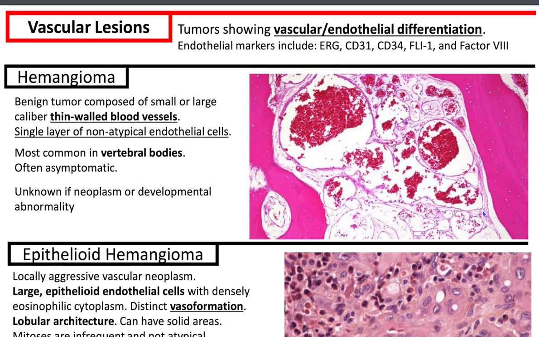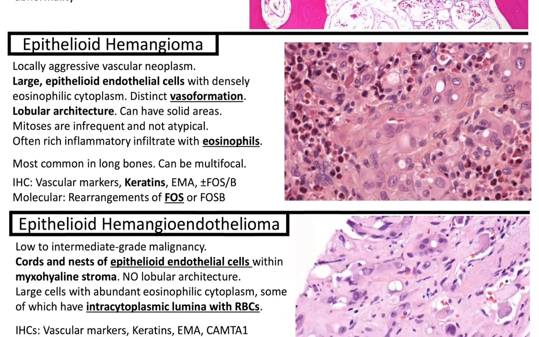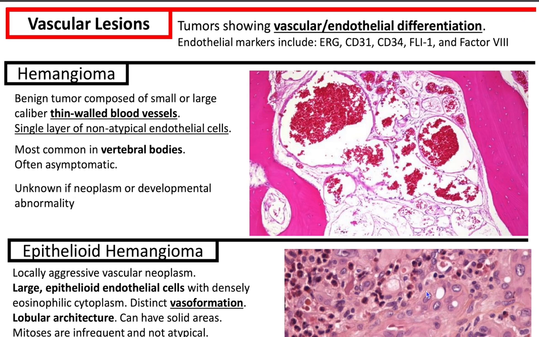Vascular lesions. These are tumors showing vascular or endothelial differentiation. And if you're unsure, you can get endothelial markers including ERG, CD31, CD34, FLI1, factor 8, and these include your hemangioma.